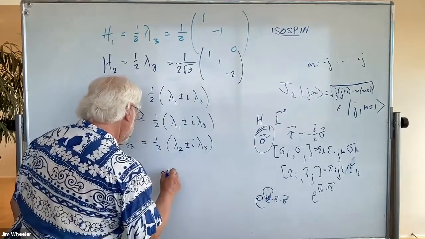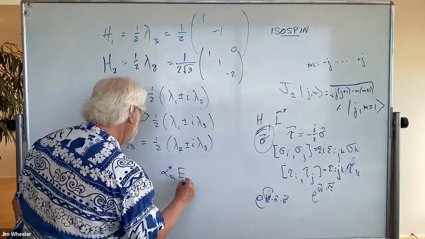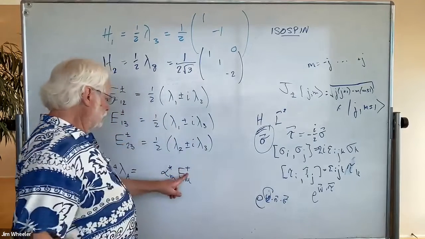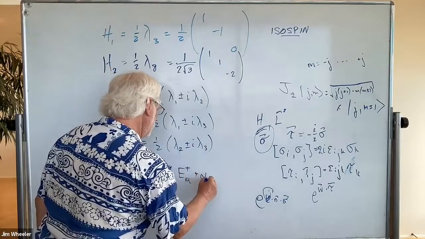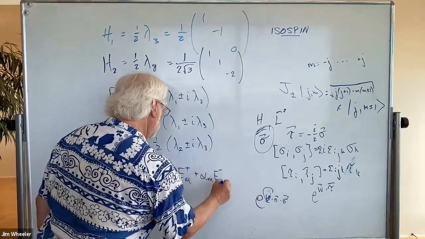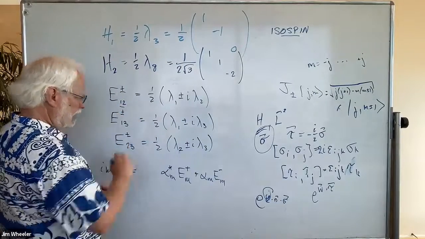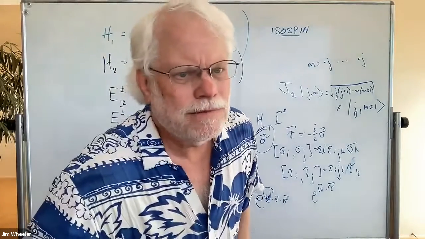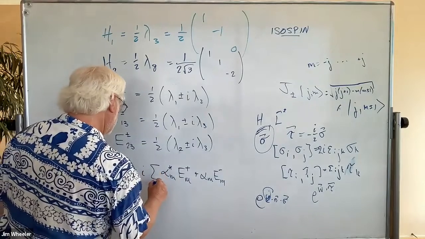So if I take some complex number with the raising operators, I need to take the complex conjugate with the lowering operators, where n is replacing that pair. And then we need an overall i and a sum on m here.